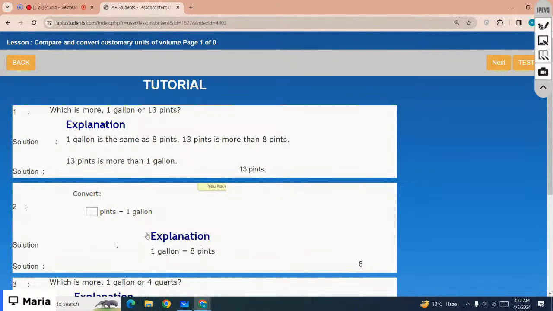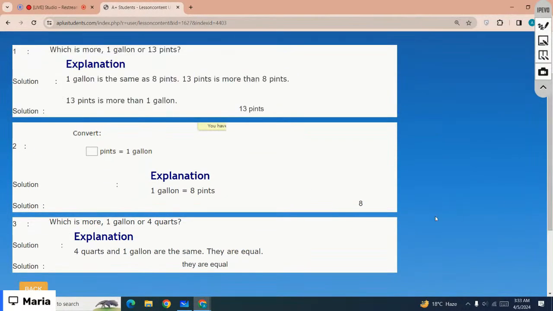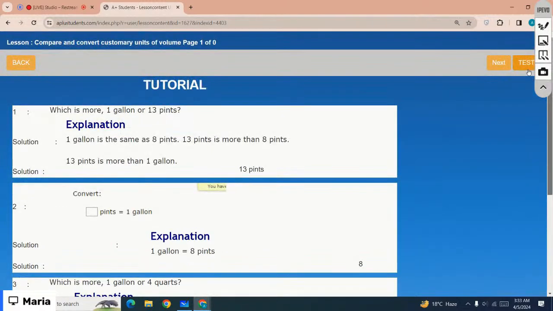In 1 gallon you have 8 pints, right? So when you convert gallons and quarts, 1 gallon is the same as 4 quarts. Let's just start with the practice questions.